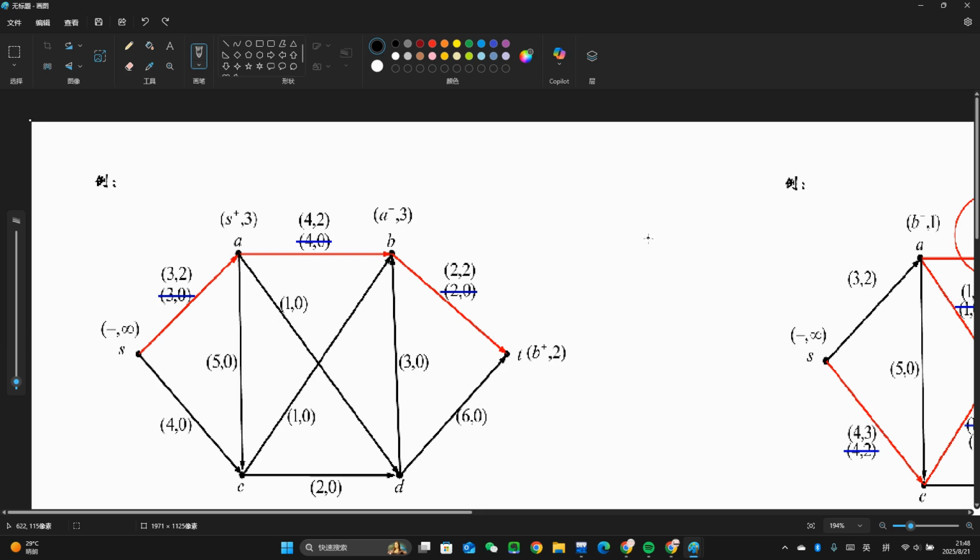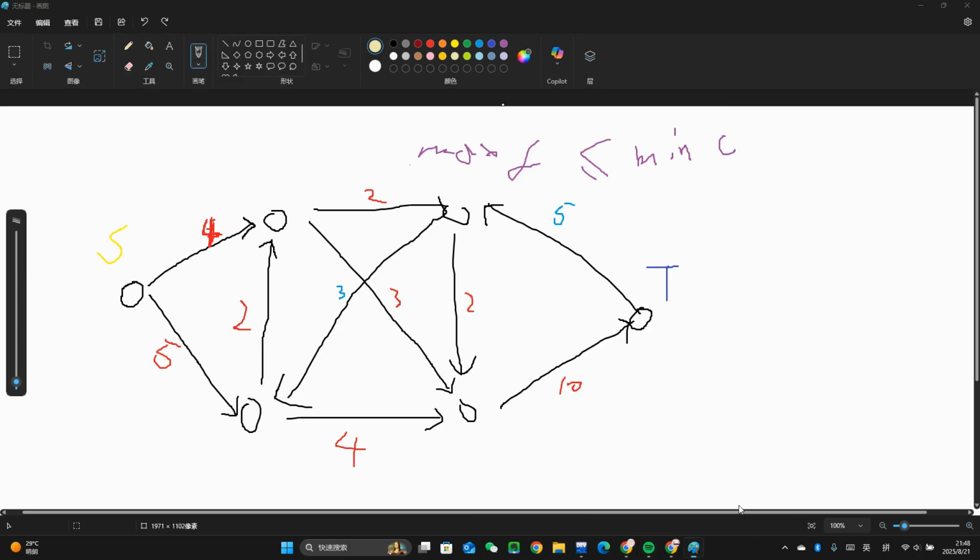So notice that to find the maximum flow, we're essentially always finding a path that is not full, right? This is kind of easy to understand. If we go back to this graph, say on this path, which technically can allow at most 4 units of water, right? Because the minimum cut of this path is 4. So technically it can allow 4 units of water to flow through.